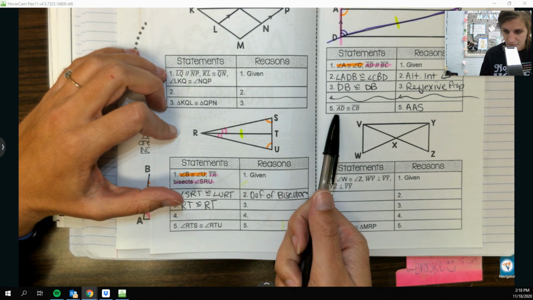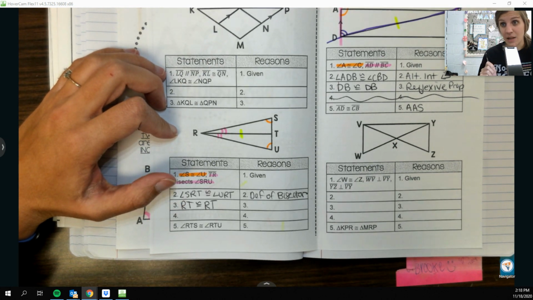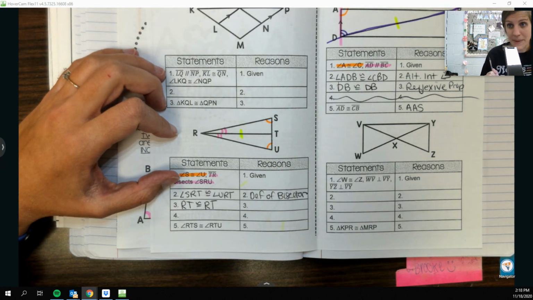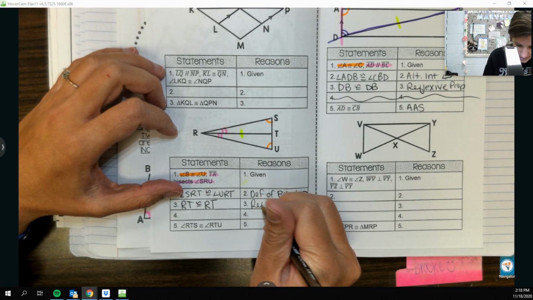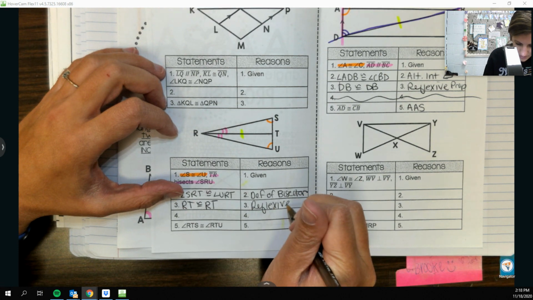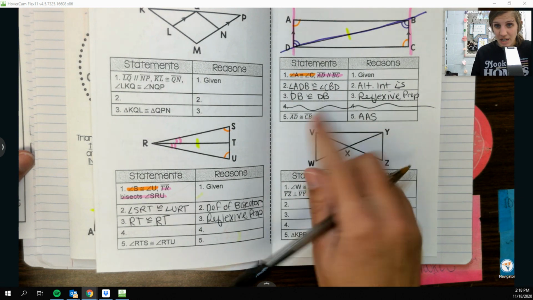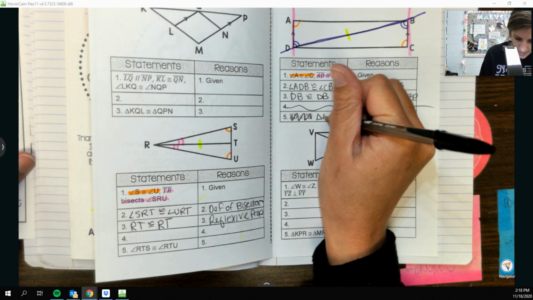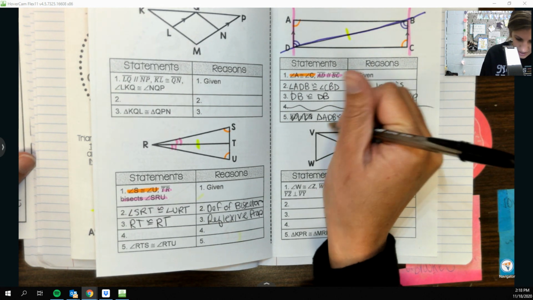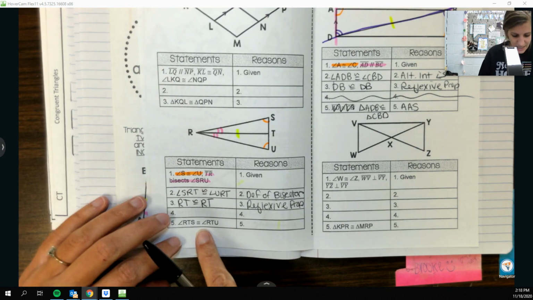RT is congruent to itself by the reflexive property. I just realized it doesn't say triangles here. Triangle ADB is congruent to triangle CBD. And same thing here.